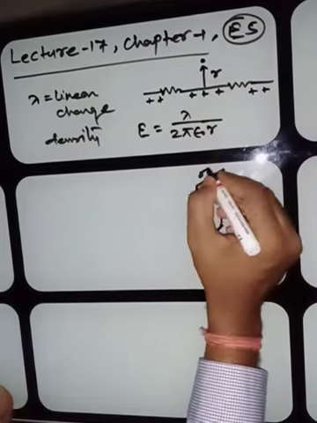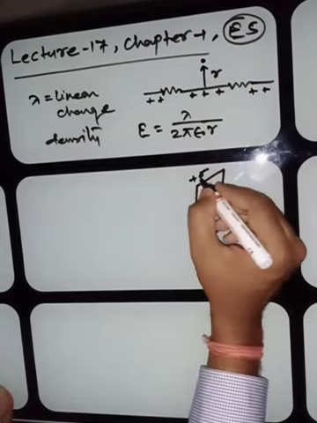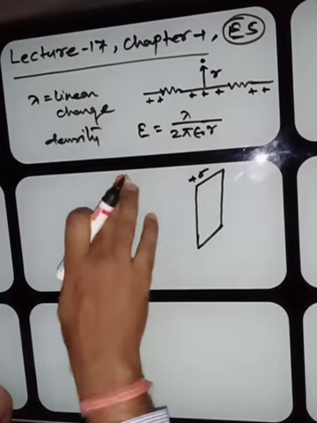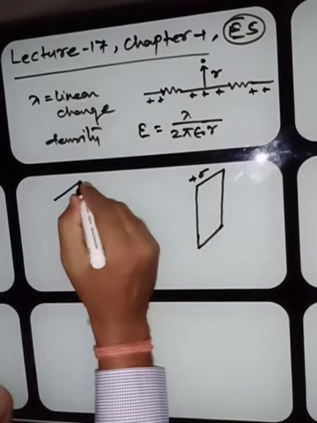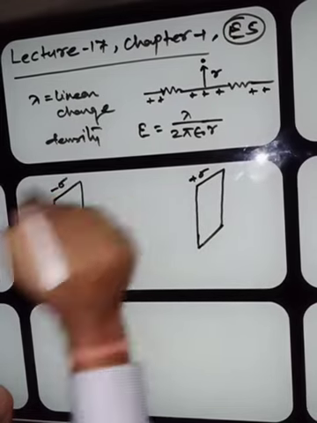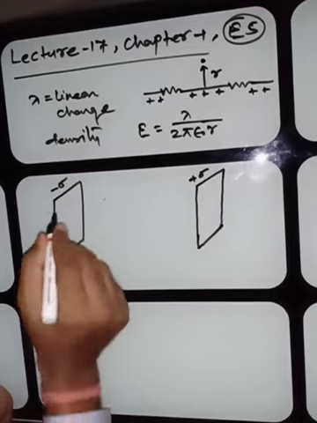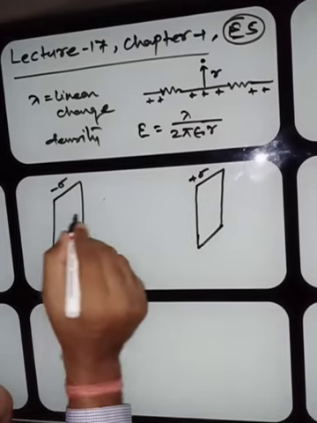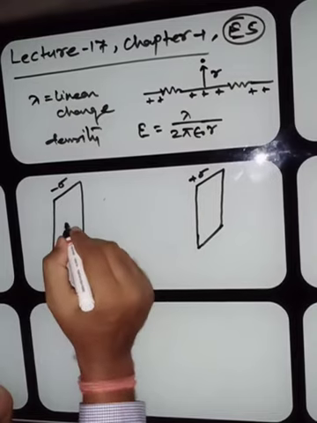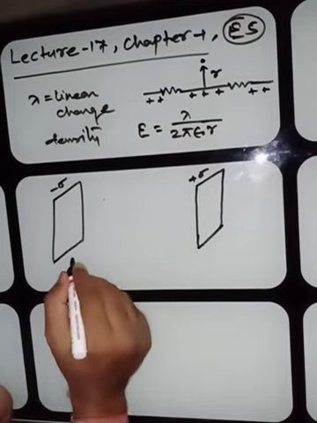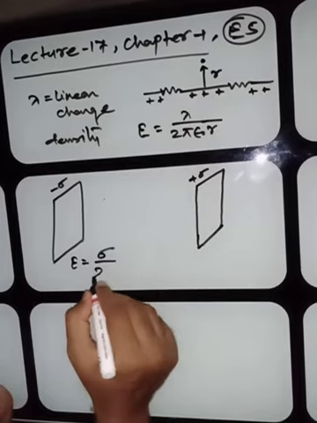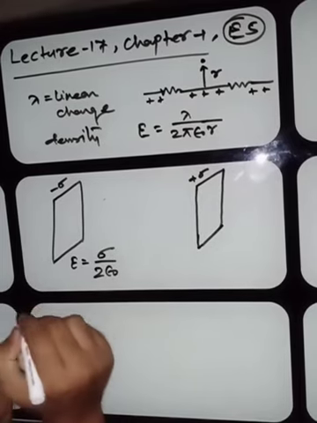If it is plus sigma or minus sigma, for a negatively charged plate, minus sigma, the electric field at any point is E equals sigma divided by 2 epsilon naught, and the negative sign gives you the direction.